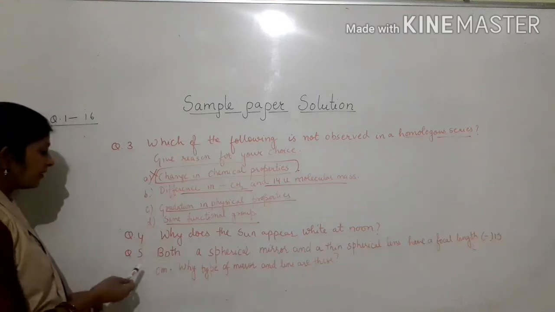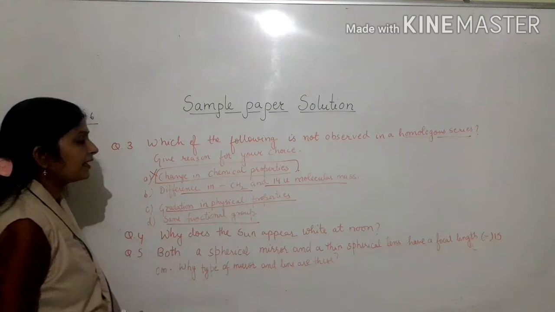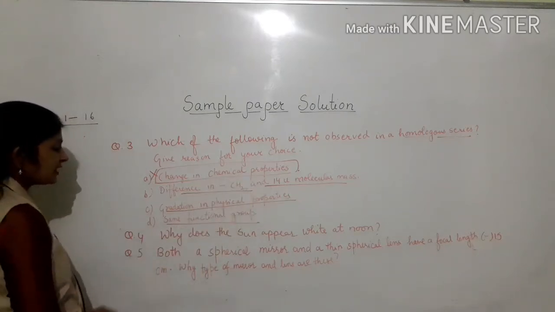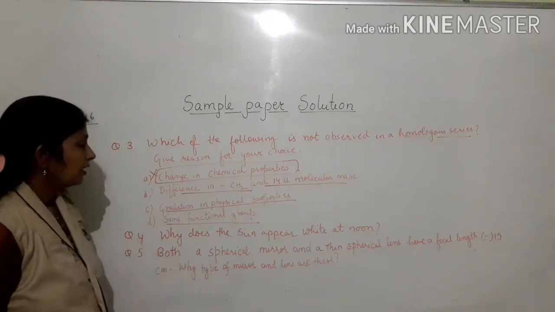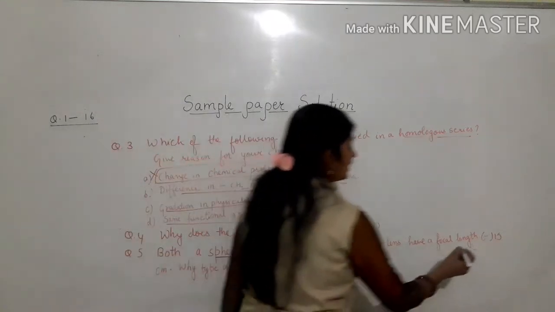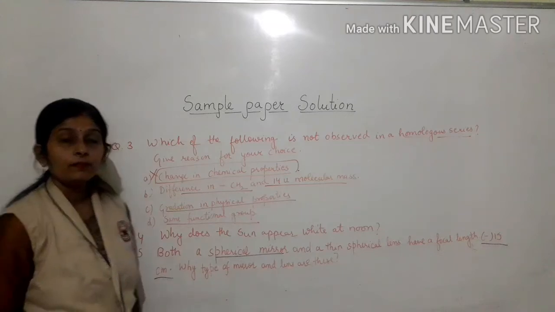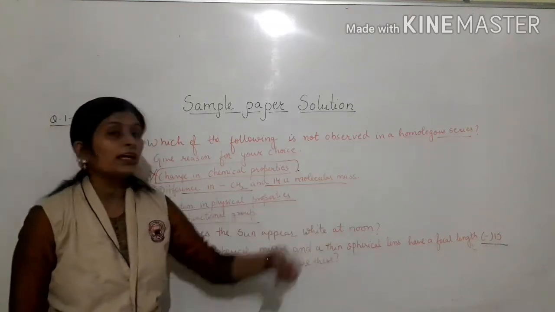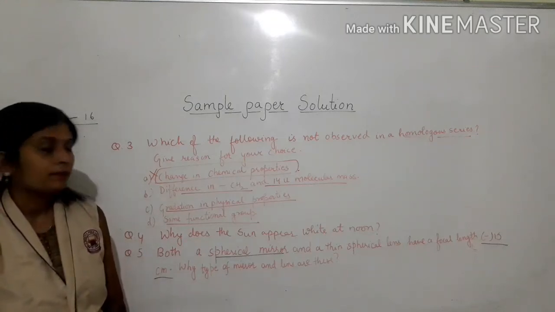Now question number 5. Both a spherical mirror and a thin spherical lens have a focal length minus 15 centimeter. What type of mirror and lens are these? See, spherical mirror has a focal length minus 15 centimeter. We know that a concave mirror has focal length in negative. So it is a concave mirror.